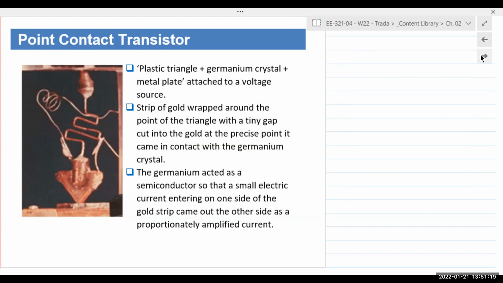So it works as an amplifier, which is one of the most important applications of a BJT. You can use a BJT as either a switch or an amplifier, depending on the mode of operation. The first experimentation with this was as an amplifier. That's what they used vacuum tubes for at the time, like vacuum triodes, to amplify.